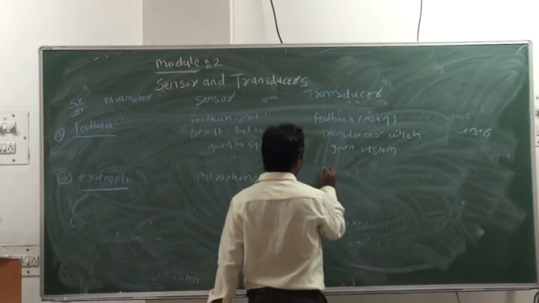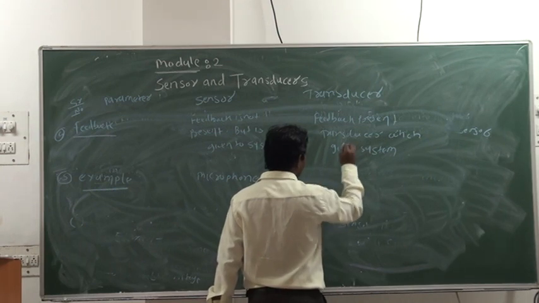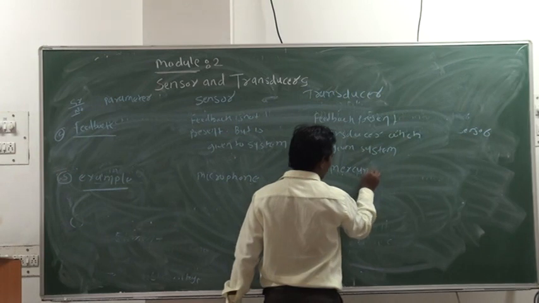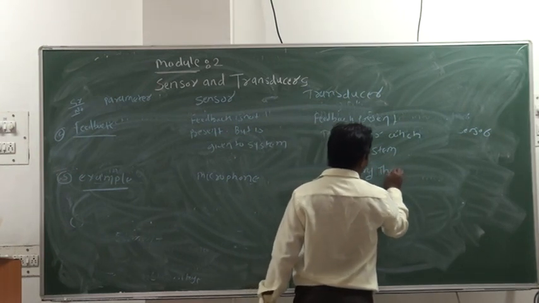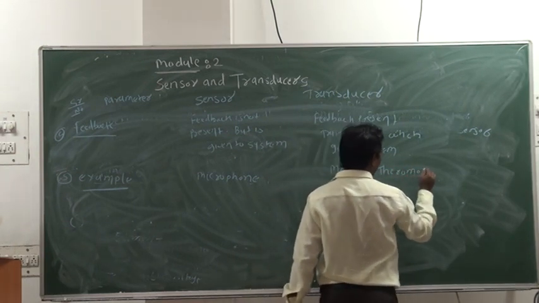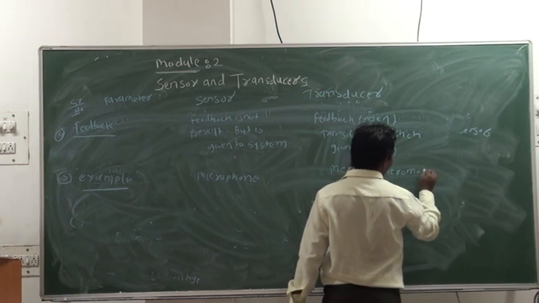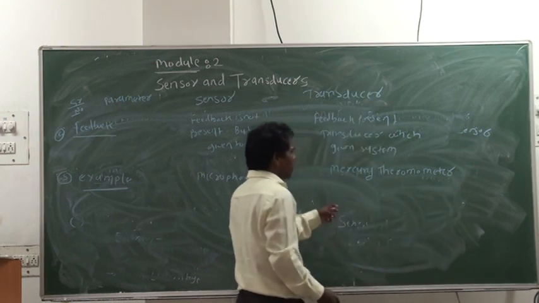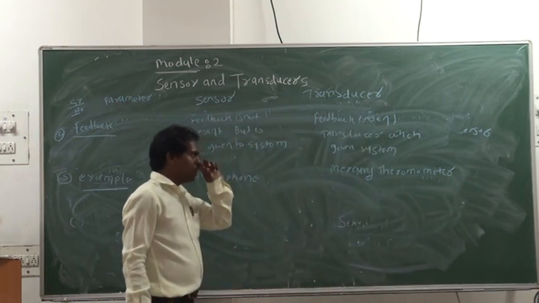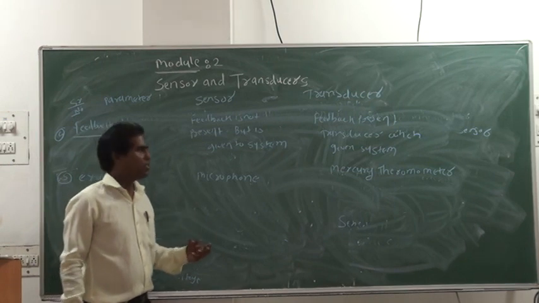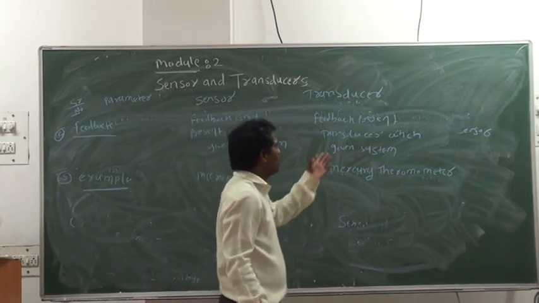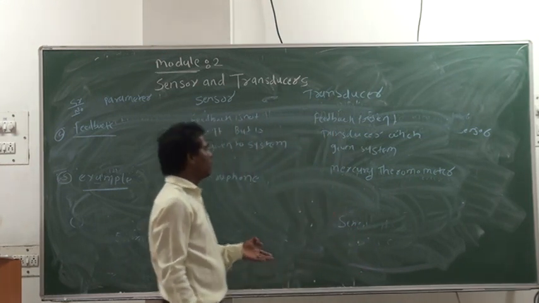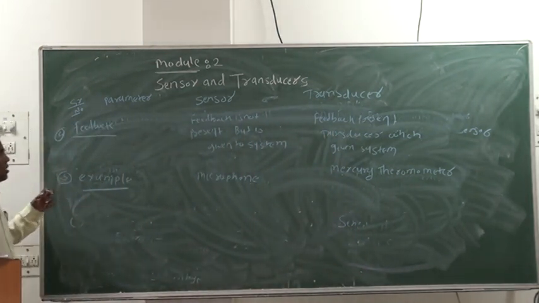The second one is your mercury thermometer, which senses the temperature and converts it into mechanical energy, meaning the level. So that is the example of your transducer.